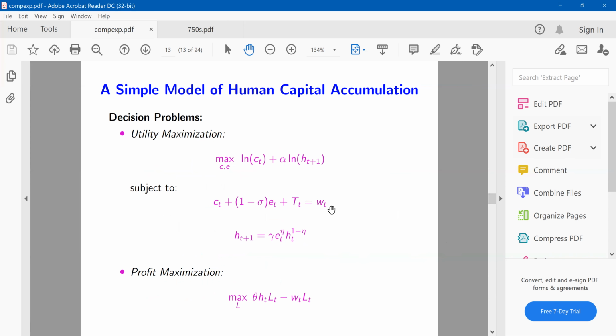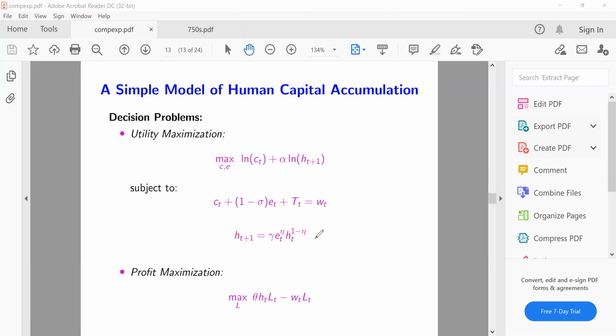If you solve this model, again, very simple. This is the utility maximization problem, and this is the profit maximization problem. In the utility maximization problem, the adult individual makes an optimal choice of consumption and educational spending under these constraints. You want to substitute HT plus 1 here, then eliminate C, and eventually your problem is to choose the optimal education spending.